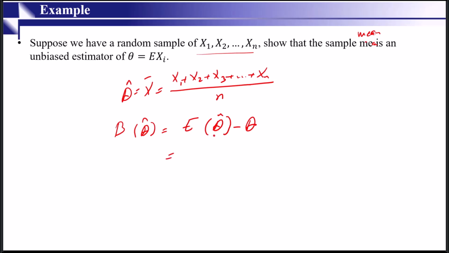So this E of theta hat, we can write E of x bar minus theta, and this one is equal to E of xi minus theta, which is equal to 0, right? In here, this E of theta hat is the expected value of the estimator, and theta is the true population parameter being estimated. And we believe that an estimator is unbiased if this is equal to 0, so we find it here as 0.